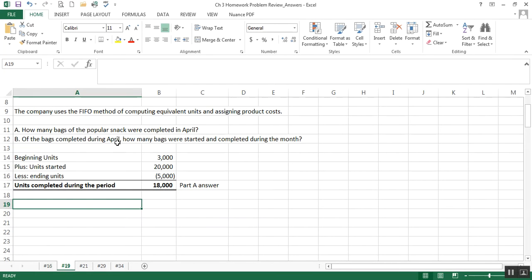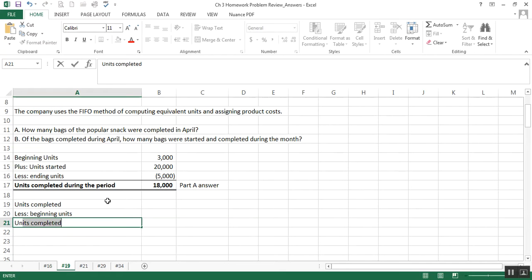And for part B, we need the units started and completed during the period. So it's going to be the units completed from above, and we're going to subtract the beginning inventory to get our units started and completed during the period.